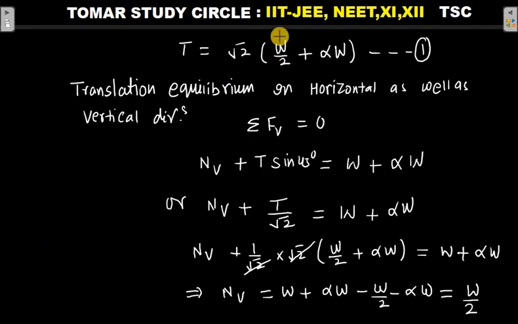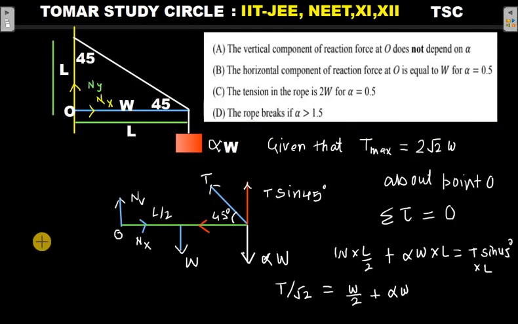Okay. Next, on taking horizontal equilibrium, we can write sigma FH will be 0. We see that the horizontal force in this direction is Nx and in this direction is T cos 45.